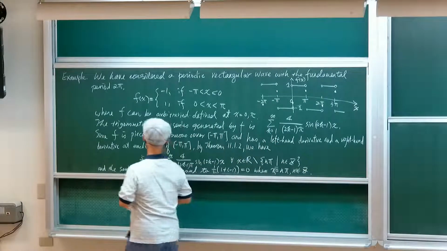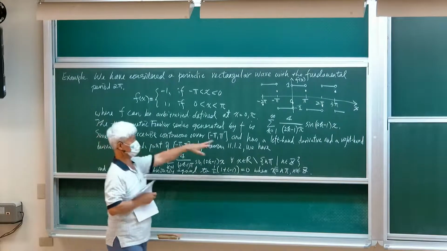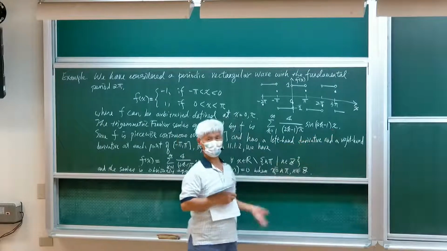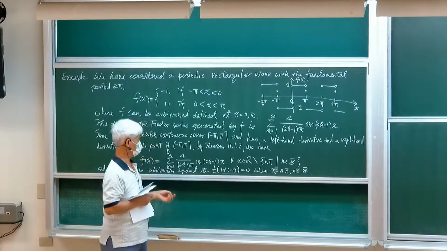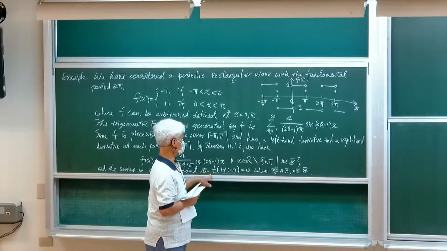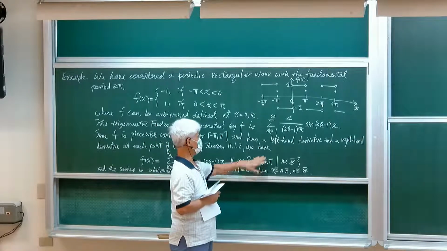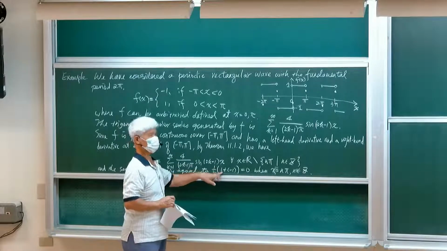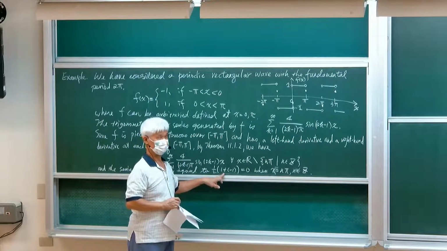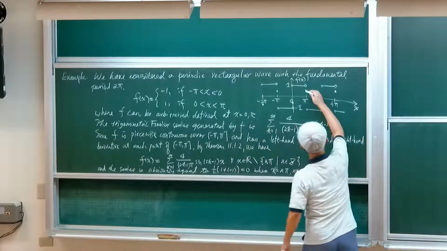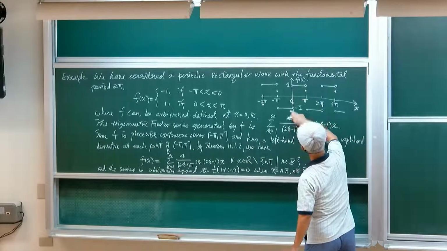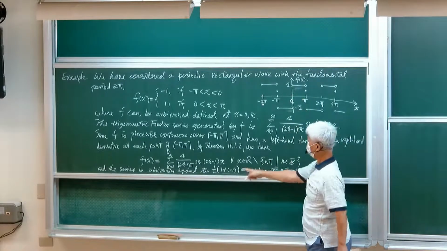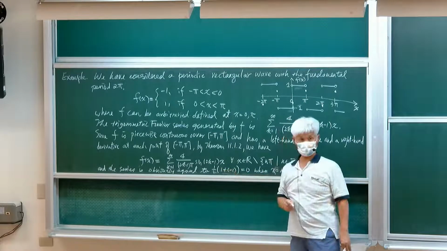As we know, this series converges at every point, and for x an integral multiple of pi, it equals half of the sum of the left limit and the right limit. For example, at 0, the left limit is minus 1 and the right limit is 1. One plus minus 1 is 0, divided by 2 is 0.